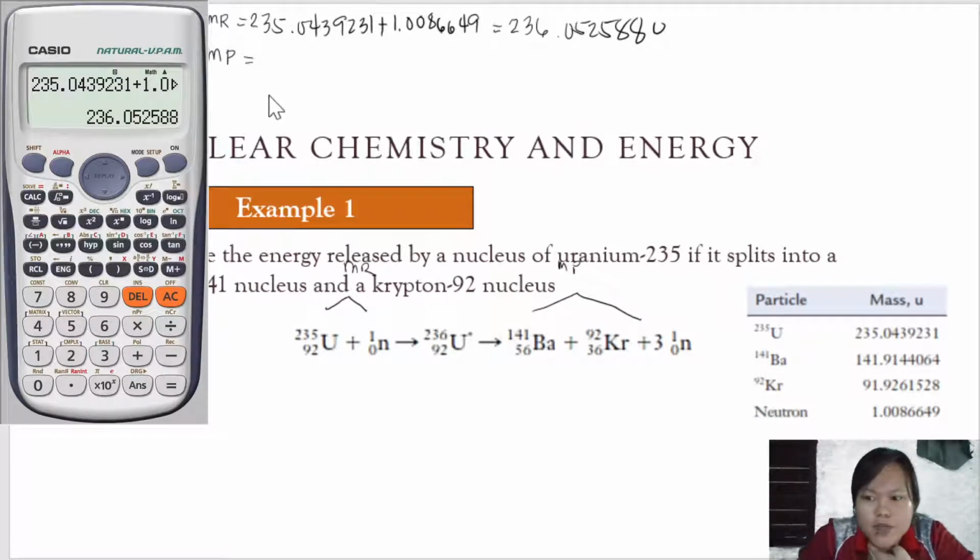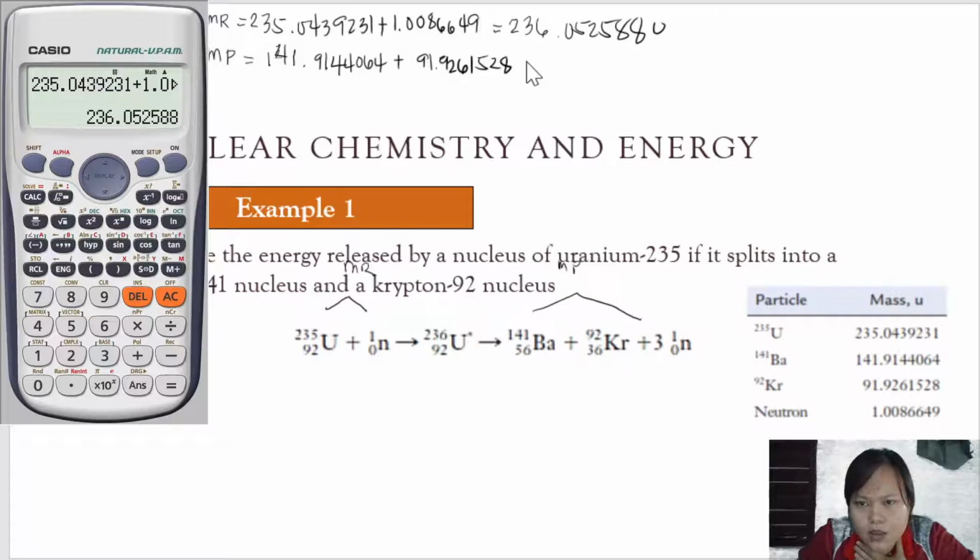So we have barium, that's 140.9144064, plus krypton. Krypton is 91.926152, plus 3 neutrons.